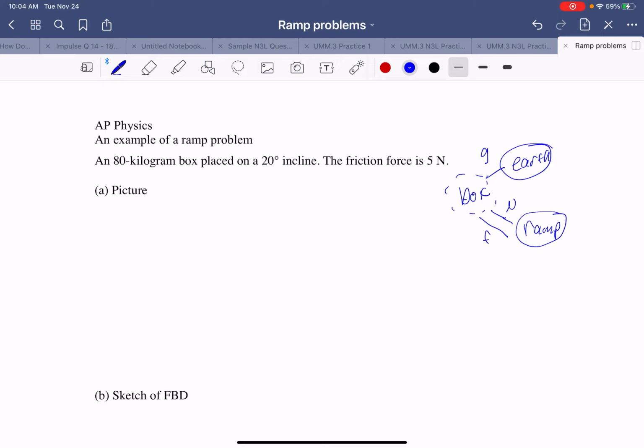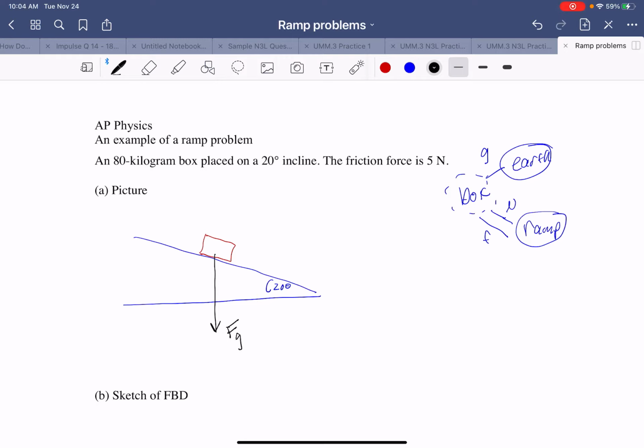So also I want to draw a picture. Here is my 20 degrees. Here is my box, and it's on my ramp. What I like to do first is to just draw the forces right on the picture so I know what's going on. I know that my gravitational force is always towards the center of the earth.